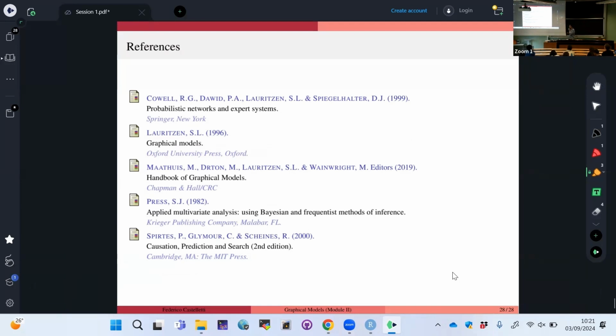While if you are more interested in an introduction, but with much more than an introduction, for example, proofs related to conditional independencies in Gaussian graphical models that I mentioned before, the handbook edited by Maathuis and co-authors is the right reference. Then we have the book by Lauritzen and even the one by Cowell, Dawid, Lauritzen. Probably it is a bit more user-friendly. The first ones are good references for an introduction to graphical models and Gaussian graphical models also.